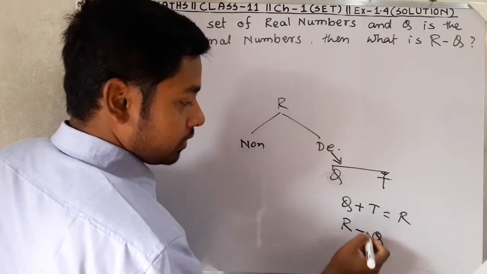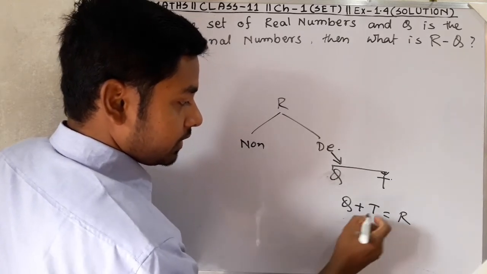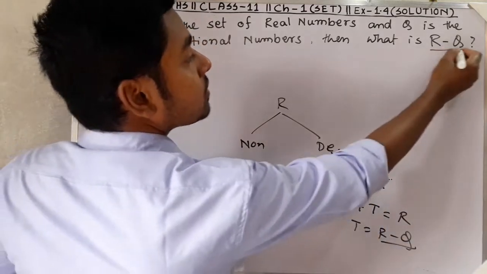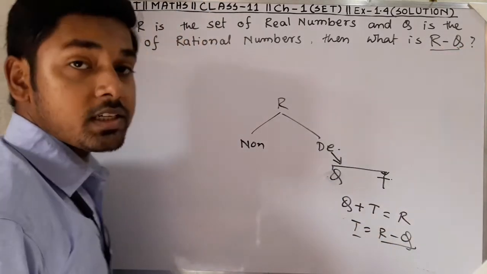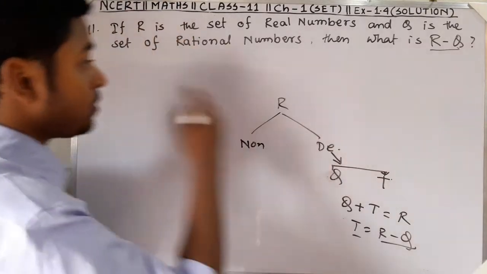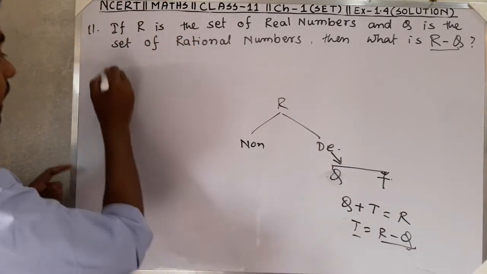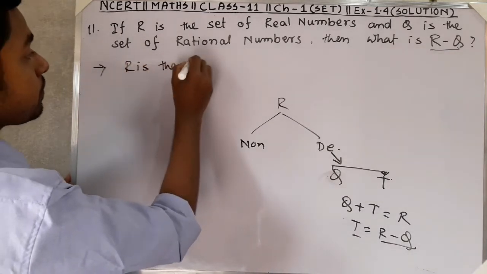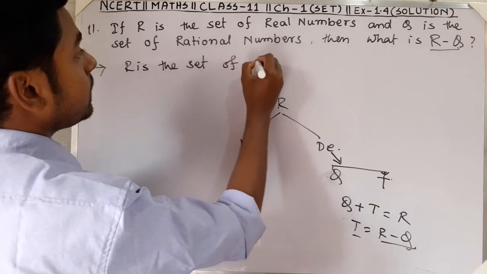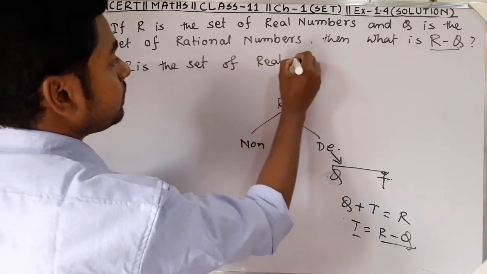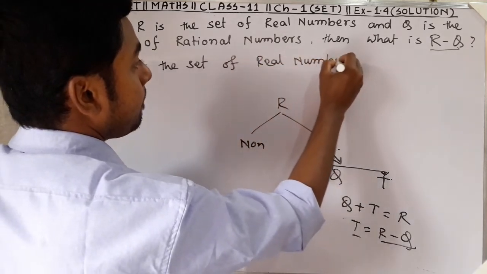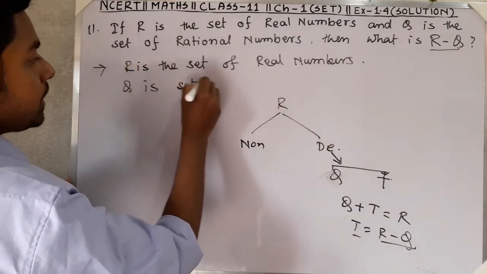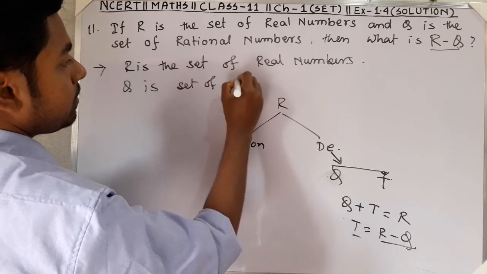Now R minus Q is equal to what? Suppose T is equal to R minus Q. So R minus Q is equal to T. That means the set of irrational numbers. So how to write the answer? This is the main thing. R is the set of real numbers. Q is the set of rational numbers.